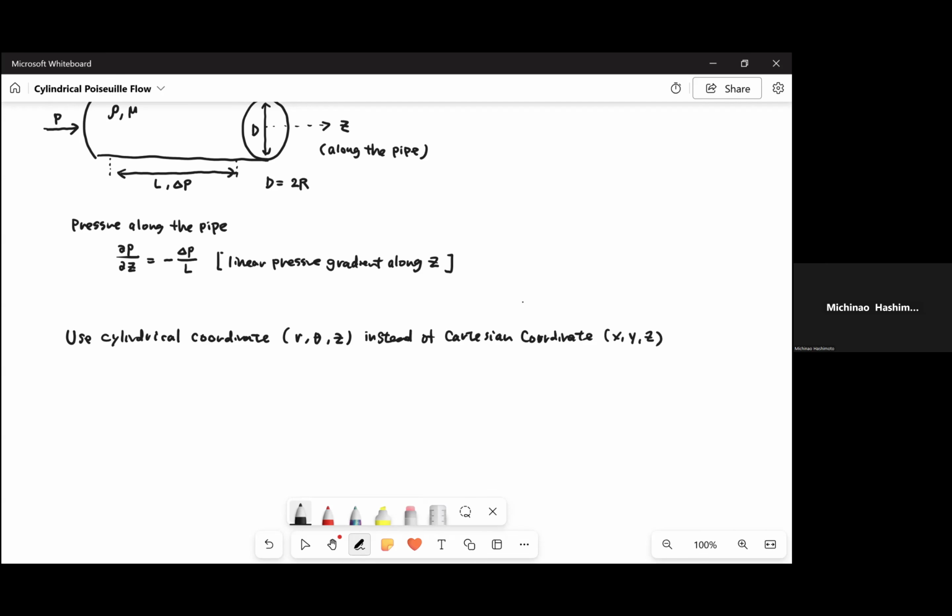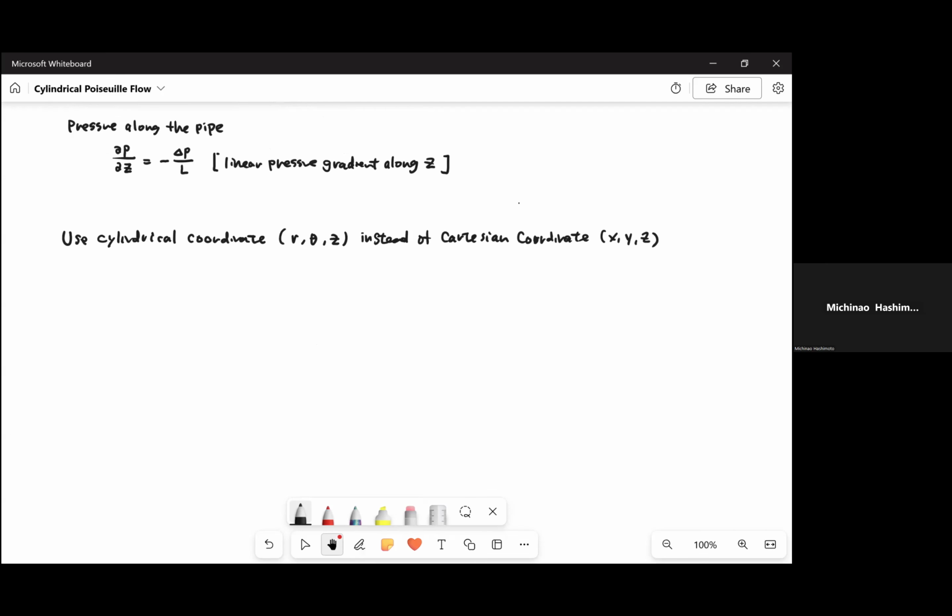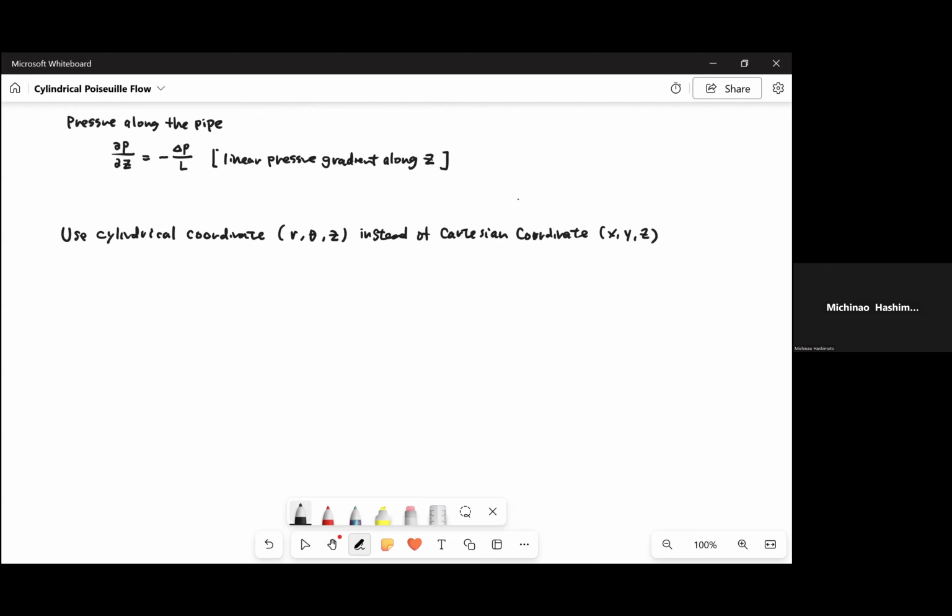If we take a look here, we are really looking at the cross section. For the sake of argument, I can still define this as the direction of z, but when we have the cylindrical coordinate, we do have different axes here.